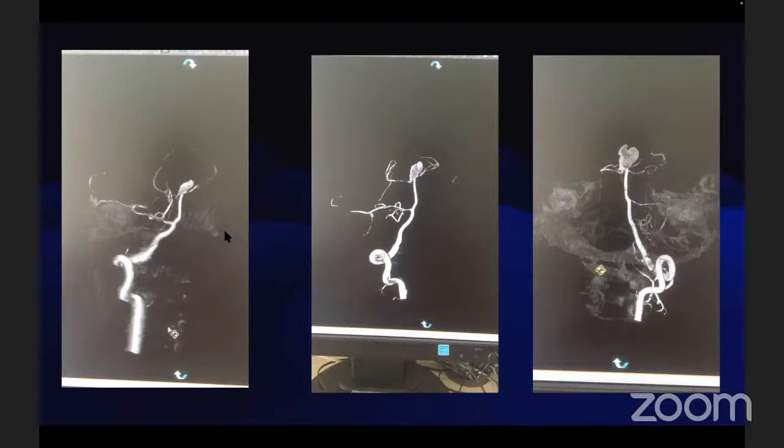Here the possibilities were WEB and Contour along with Neuroform Atlas stent. There was no definitive neck, so we had to size the Contour or the WEB depending upon the size of the aneurysm, or otherwise depending upon at least the neck of the aneurysm.